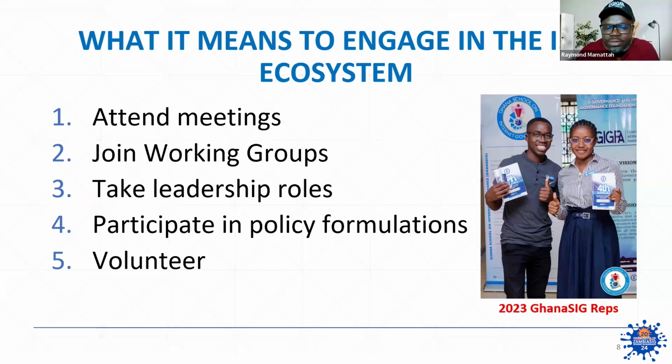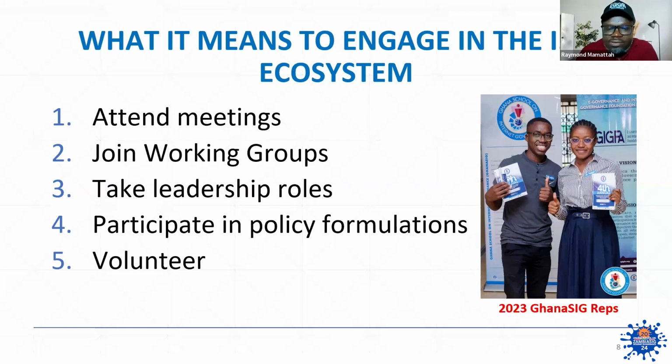The working groups in our local parlance is what we call the committees. So in ICANN or the internet governance ecosystem, we call them working groups. So you must also join some of the working groups. We'll be looking at some of them. And of course, take up leadership roles. It's important to take up leadership roles and participate in policy formulations. And don't forget to volunteer. It is also important to volunteer.